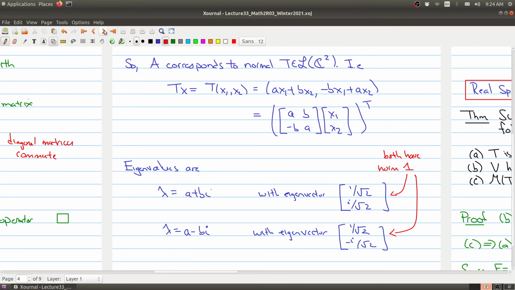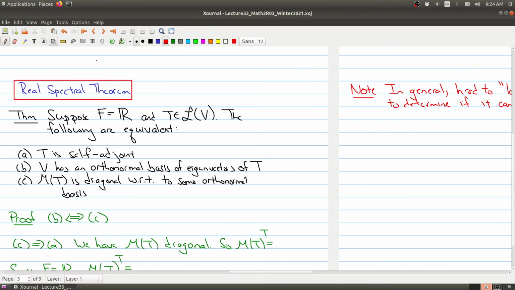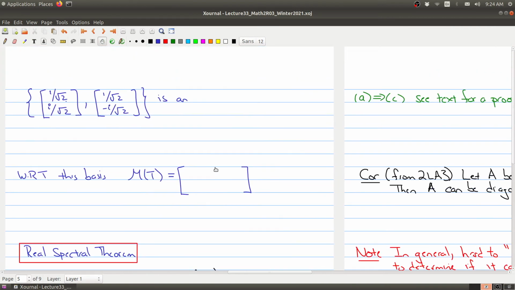So summarizing, these two vectors form an orthonormal basis of C2. You should convince yourself of that fact.